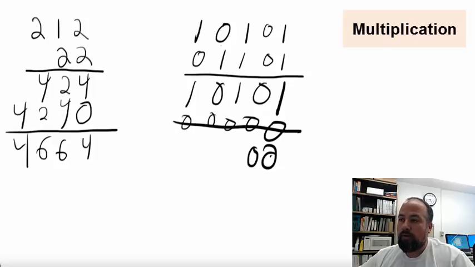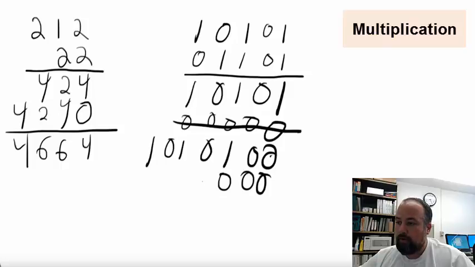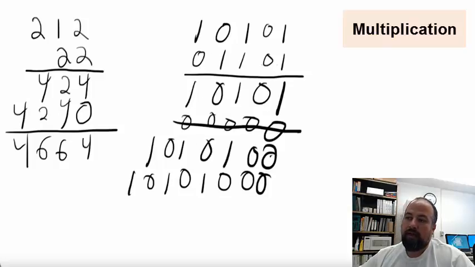Shifted over 2, again, because this is a 1, we just copy this over. 1, 0, 1, 0, 1. And then we shift it over 3. 1, 0, 1, 0, 1. And the last one is 0, so we can ignore that as well.